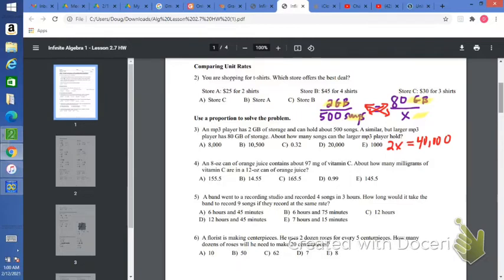Solve for x, so we're going to divide by 2. So x equals 20,000. So how many songs can the larger MP3 player hold? D, 20,000.